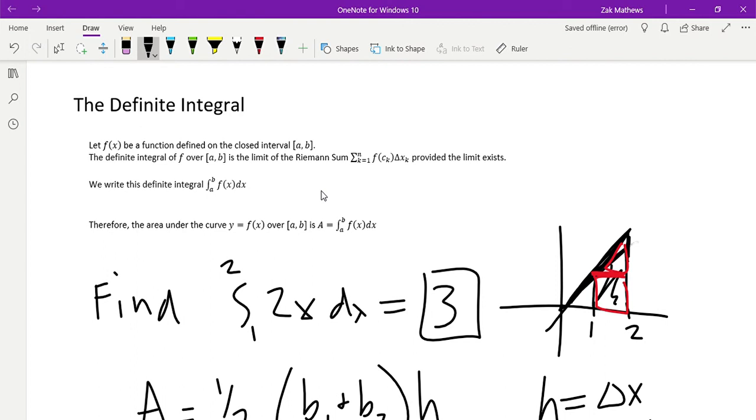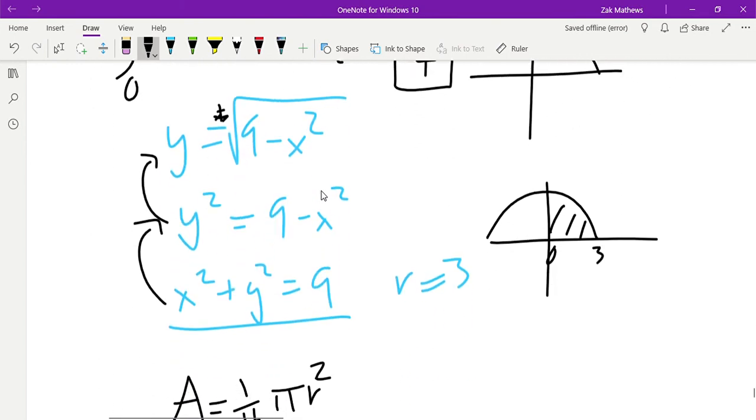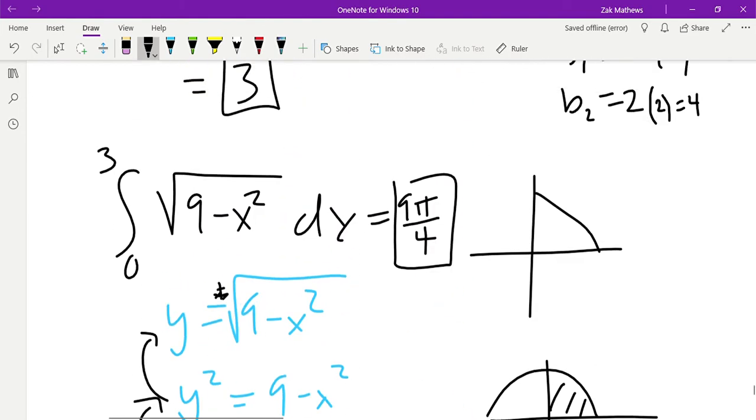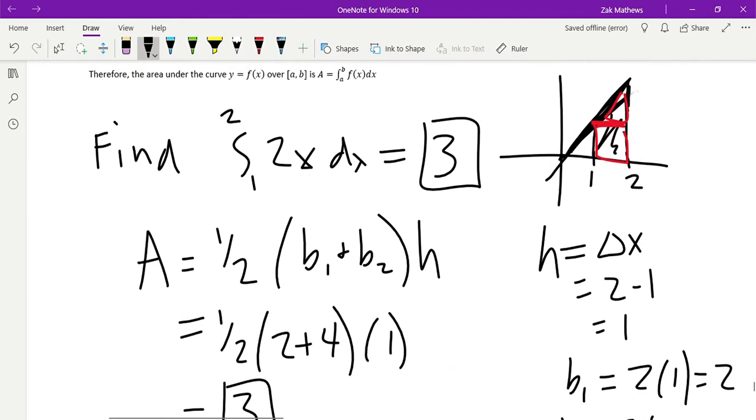Now, everything I've done so far has been positive, and here's the interesting thing with an integral that's not true of areas. Areas we always say are positive, but our integrals take into consideration positives and negatives. So let me change this first problem a little bit, the 2x.